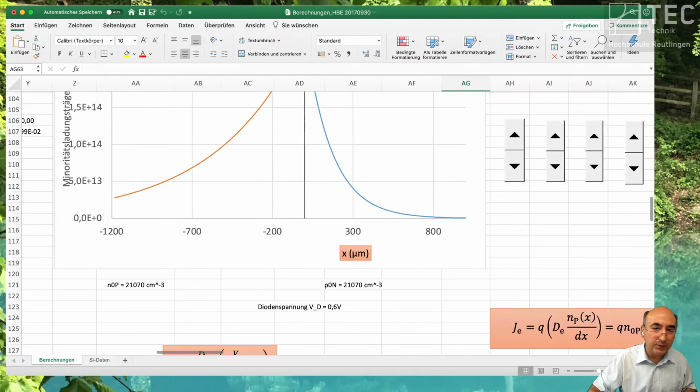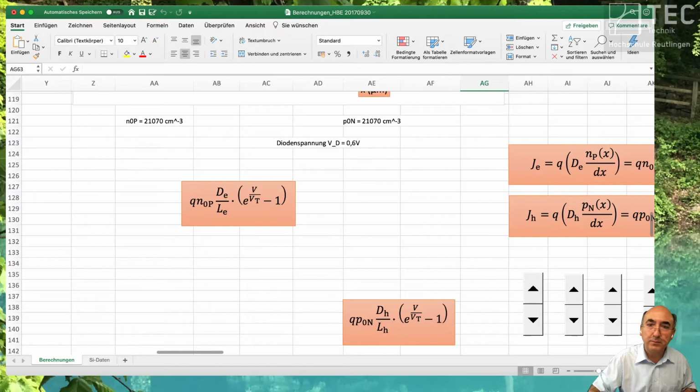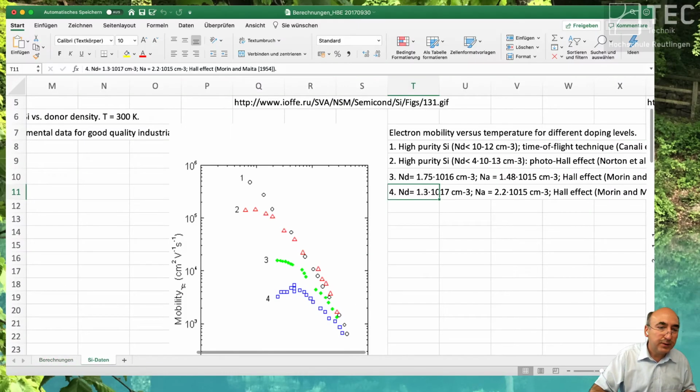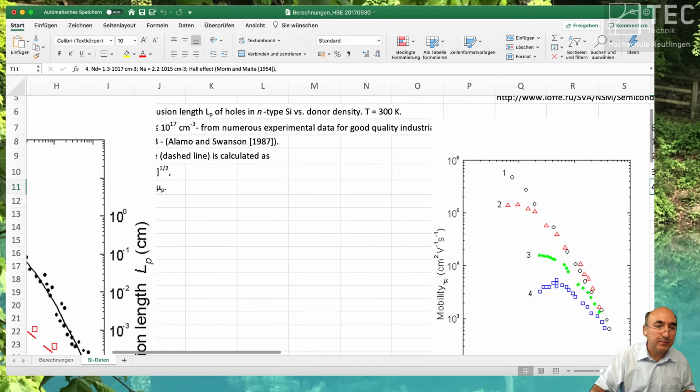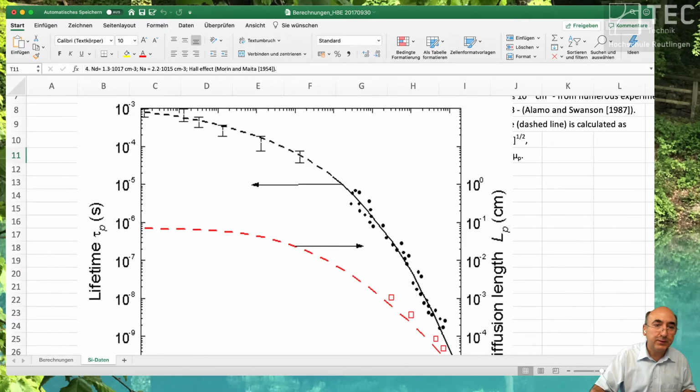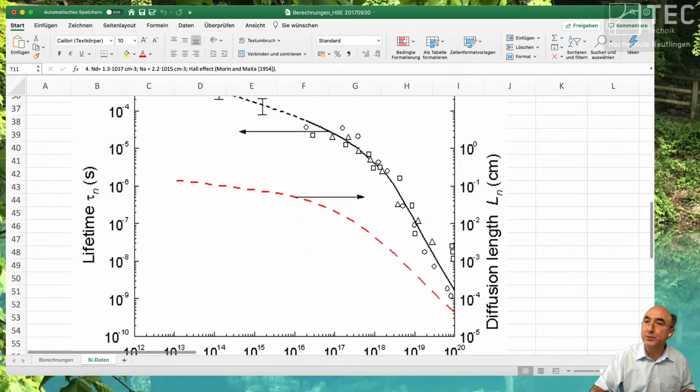That's it. And for the sake of completeness, I have also plotted the current densities for the electrons and for the holes, and they look exactly the same way. And the values are different. Why? Because of different lifetimes for holes and electrons.